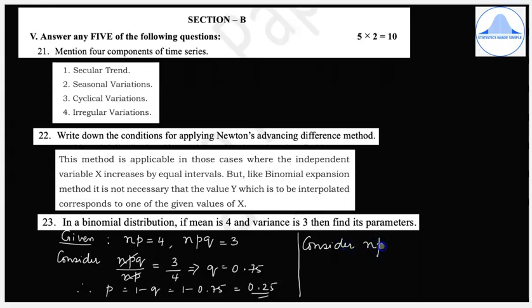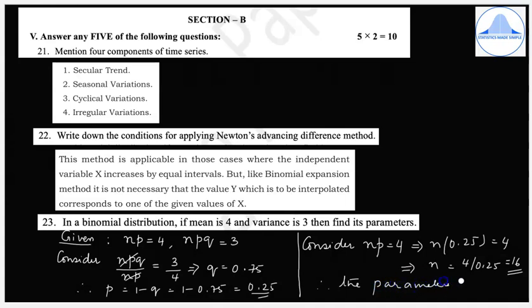We know that np is equal to 4. So this implies n into 0.25 is equal to 4, which implies n is equal to 4 divided by 0.25, which is equal to 16. So therefore, the parameters are n equal to 16 and p equal to 0.5.